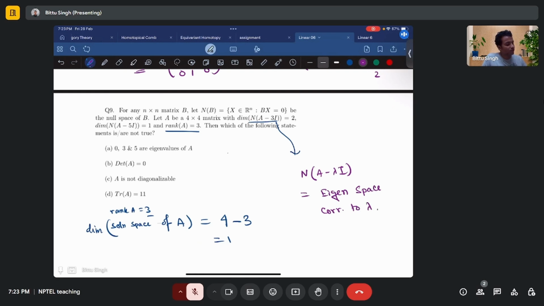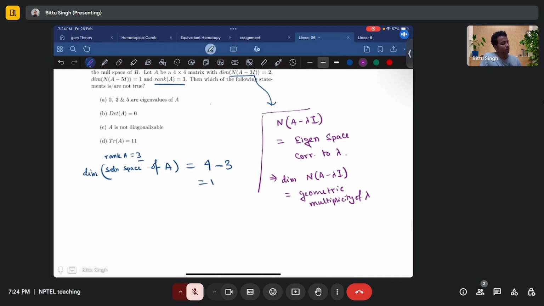So what is the dimension of the eigenspace? The dimension of this eigenspace is actually the geometric multiplicity of lambda.